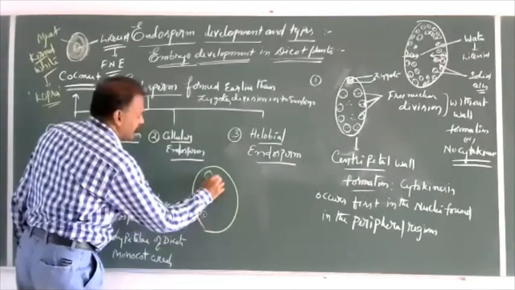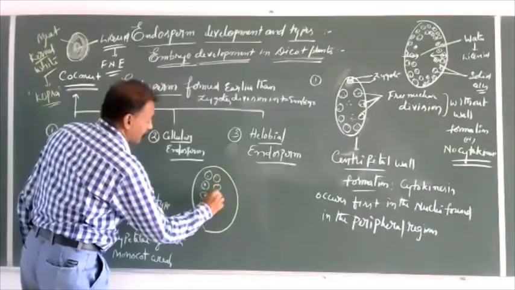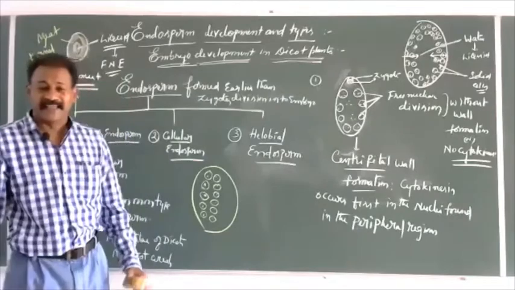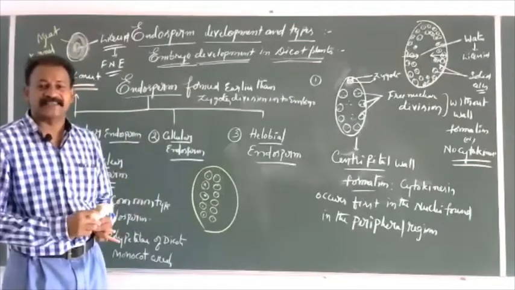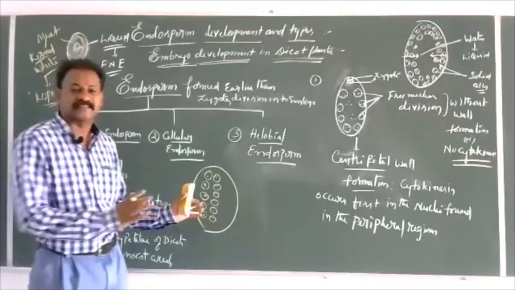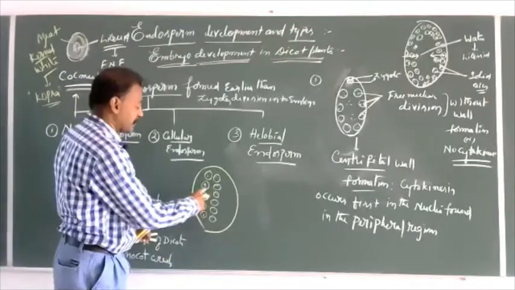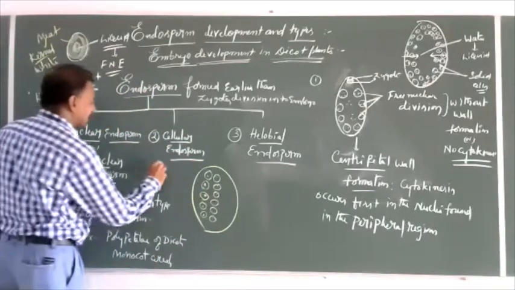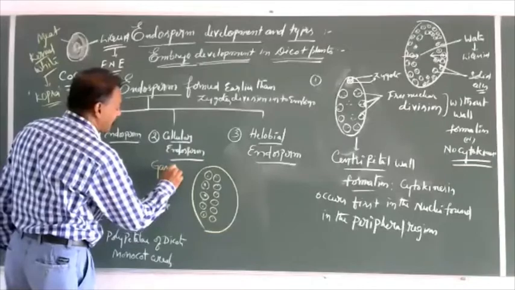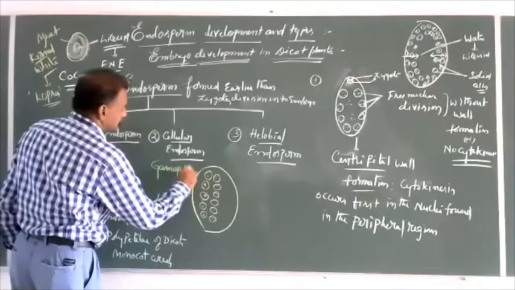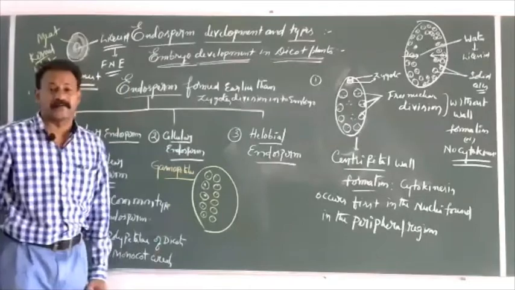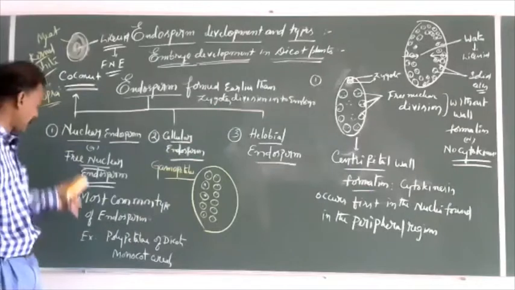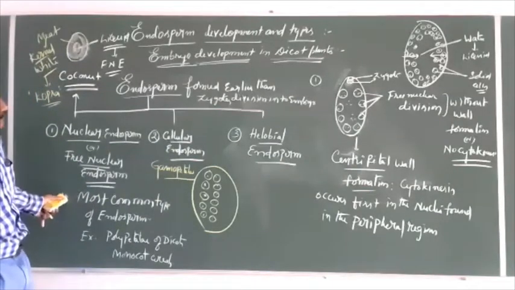So formation of nuclei by karyokinesis is immediately followed by cytokinesis, wall formation. So this is called cellular endosperm, which is a characteristic feature of gamopetalae, some monocots of angiosperms, and polypetalae.